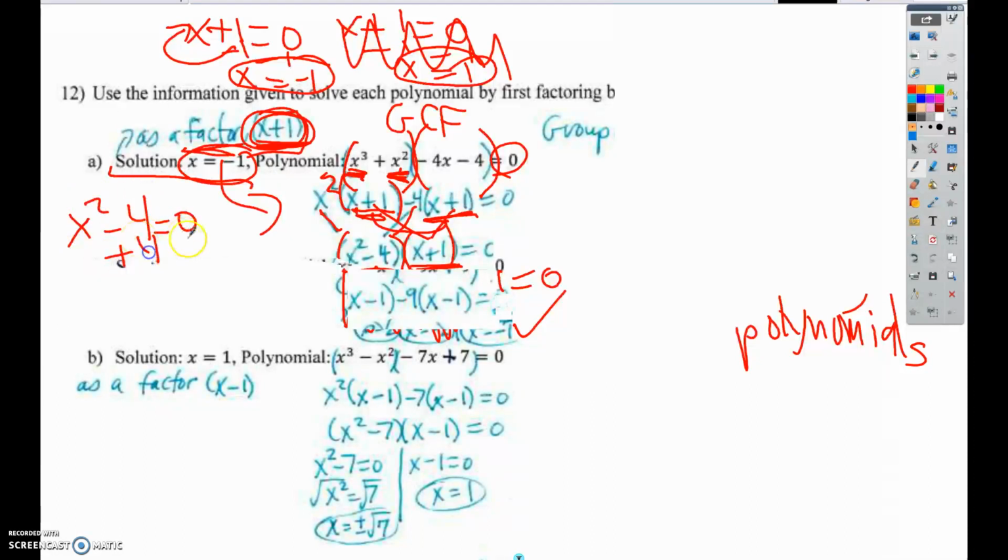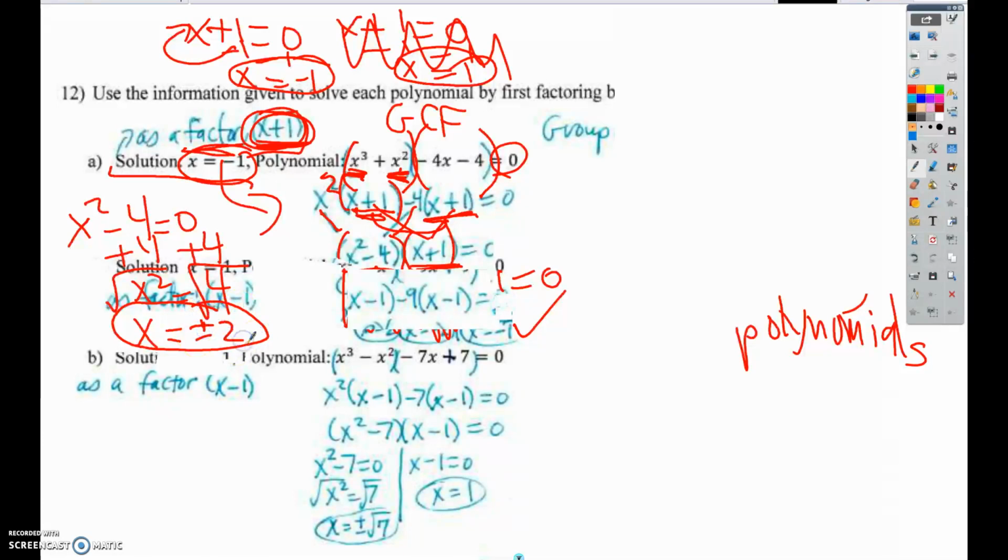I'm going to add 4 to both sides. I have x squared equals 4. And when I have x squared equals 4, I'm going to take the square root of both sides. When I take the square root of both sides, the square root of x squared is x, and the square root of 4 is going to be 2, but because it's x squared, it's going to be plus and minus.